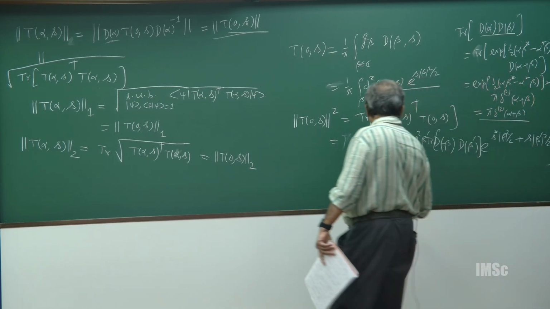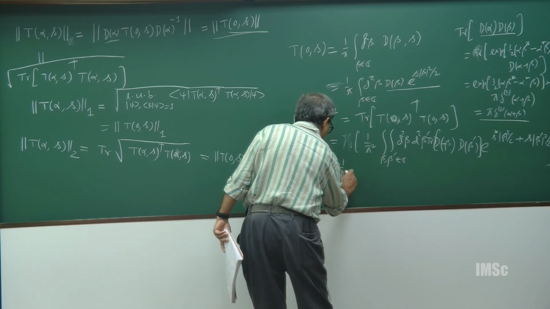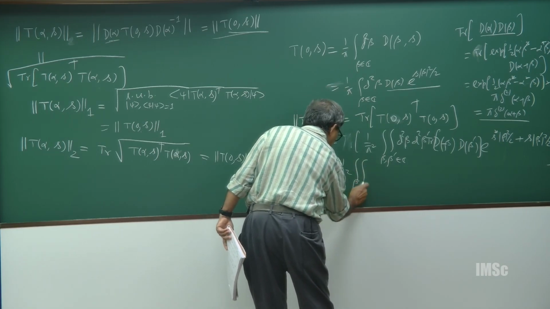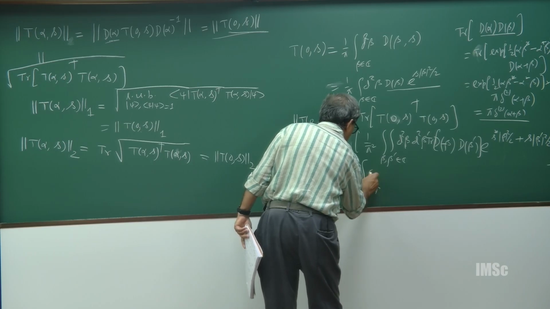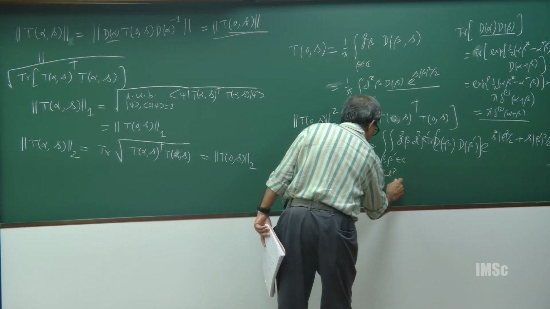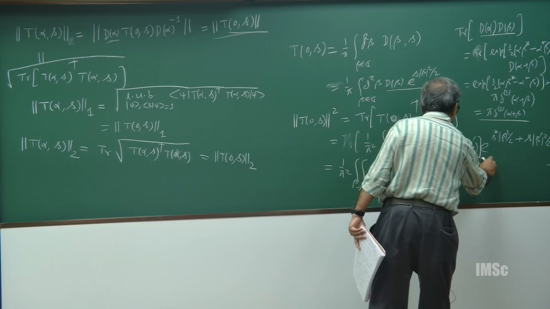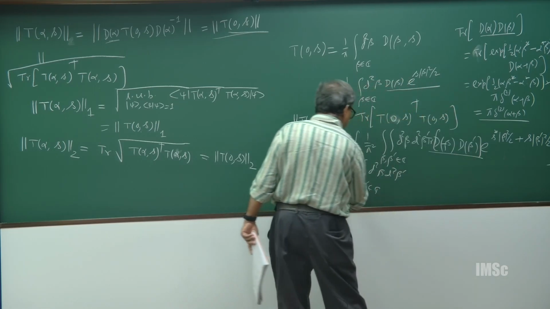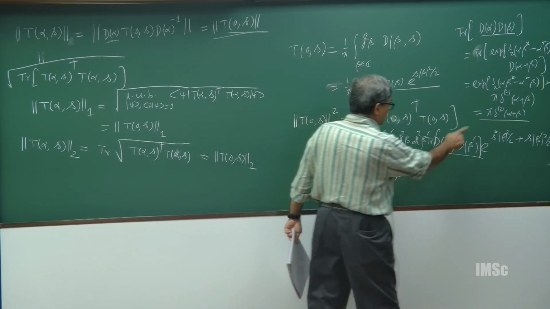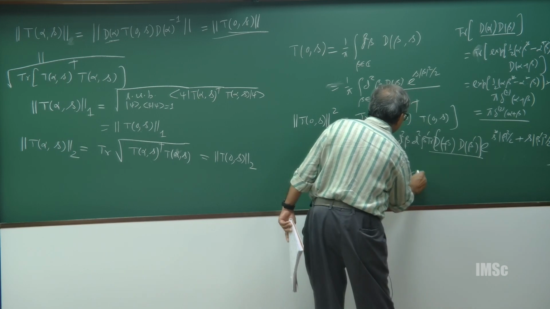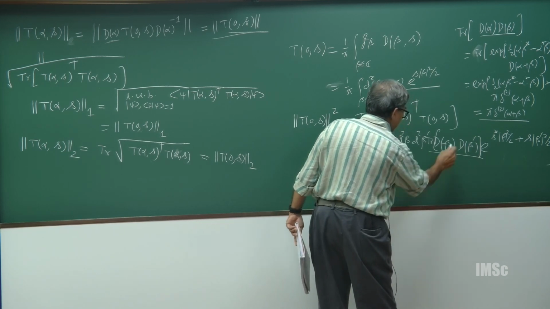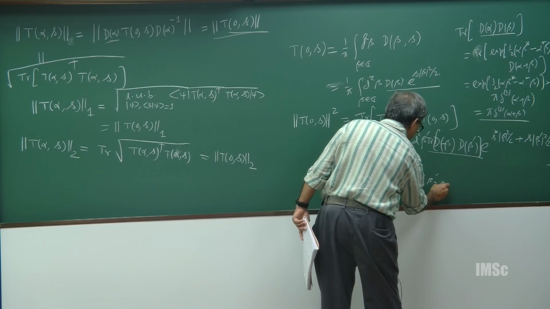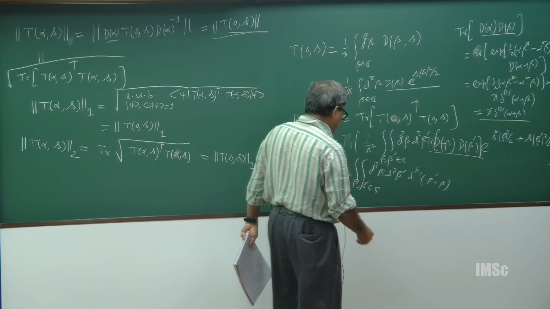So, now what you can do is this is 1 upon pi square, d square beta, d square beta prime. Now, what about this trace? This pi will get cancelled and then you will have delta 2 of beta prime minus beta. So, you can choose beta prime to be beta.